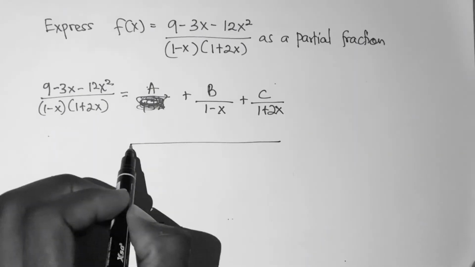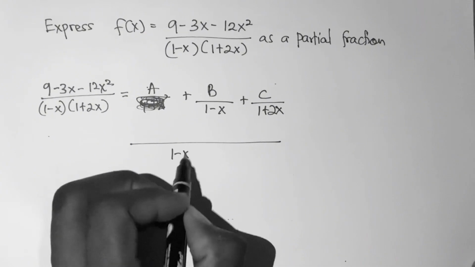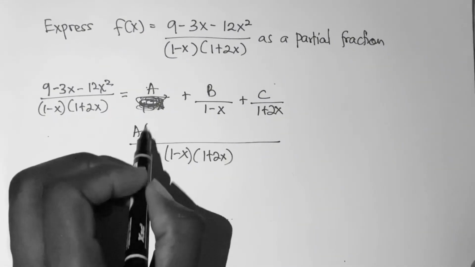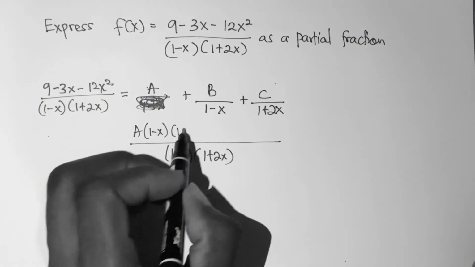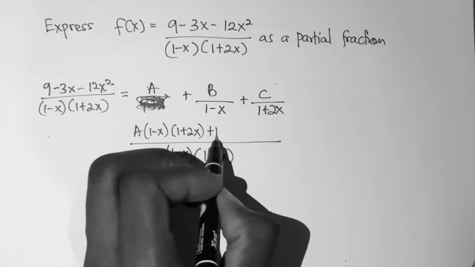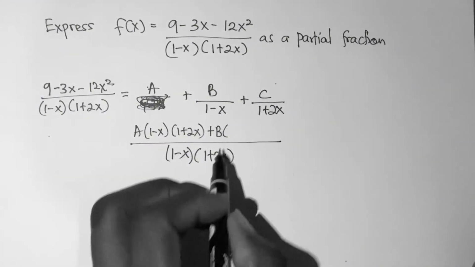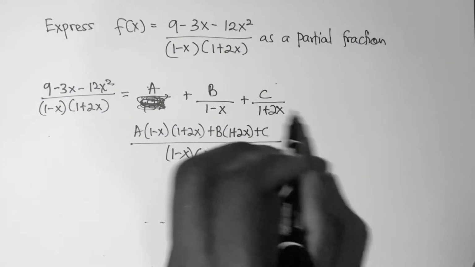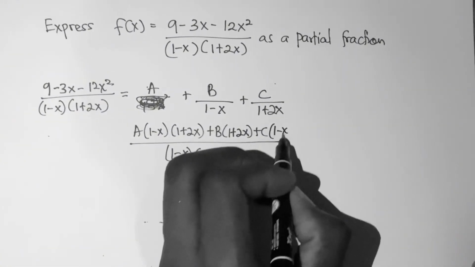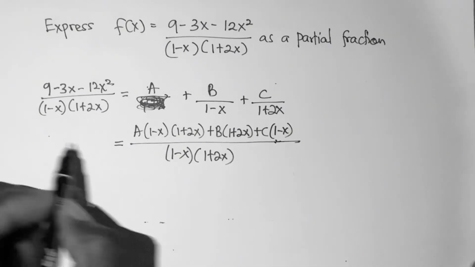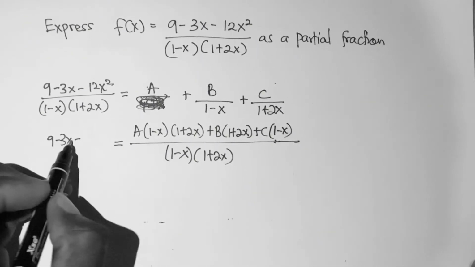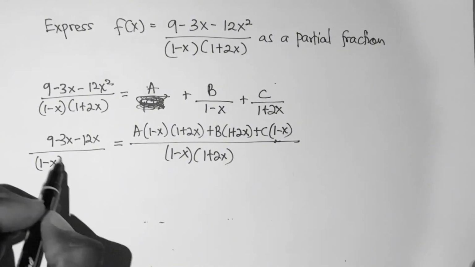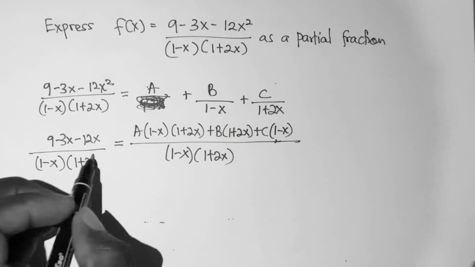So if you find the LCM, I'm going to get 1 minus x here and then 1 plus 2x here. So a will multiply 1 minus x times 1 plus 2x, and plus b times, here's 1 minus x, so it will cancel this, so it will be 1 plus 2x, and plus c times, here's 1 plus 2x, so c will multiply 1 minus x. So this is equal to 9 minus 3x minus 12x squared divided by 1 minus x times 1 plus 2x.